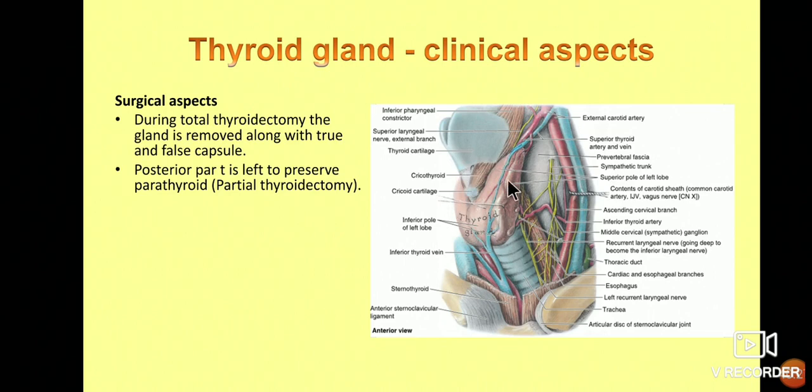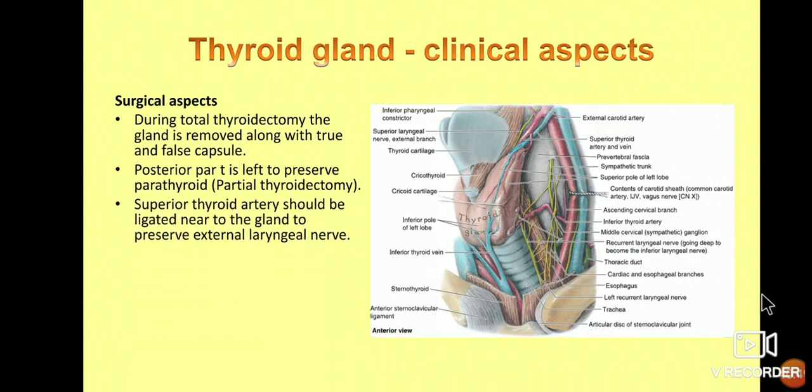Then, in thyroidectomy, the gland is removed along with the true capsule. Both the false and the true capsule are removed, because deep to the true capsule you have the venous plexus. If you try to incise the capsule and take the gland, we might disturb or rupture the venous plexus, and that might lead to alarming hemorrhage.